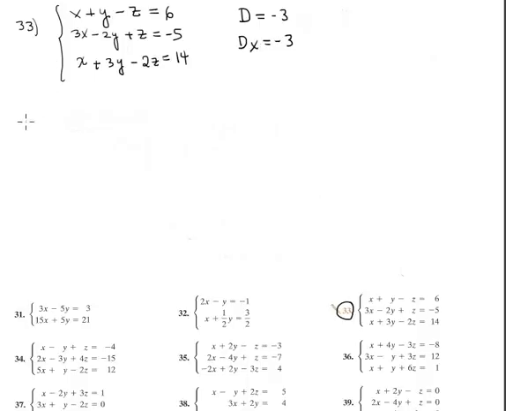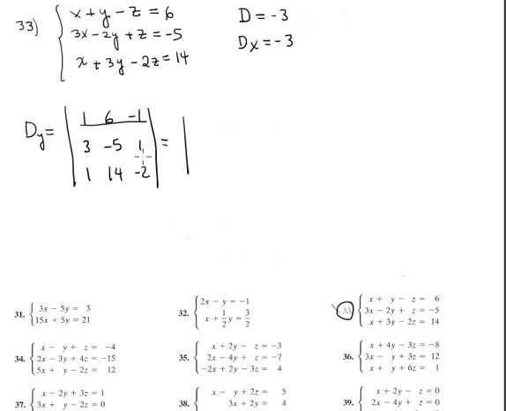Now dy. For dy, the 1, 3, 1 stays the same. Now we change to 6, negative 5, 14, negative 1, 1, and negative 2. Okay, expand again using row 1.